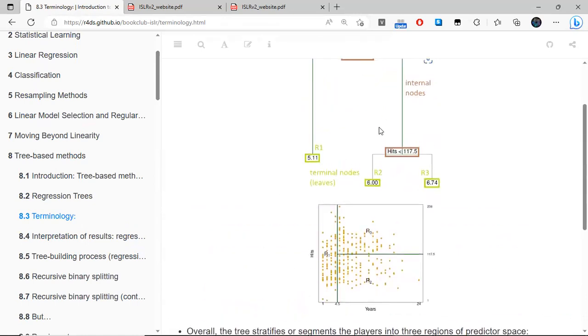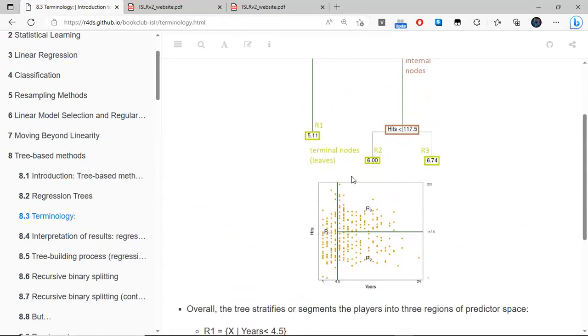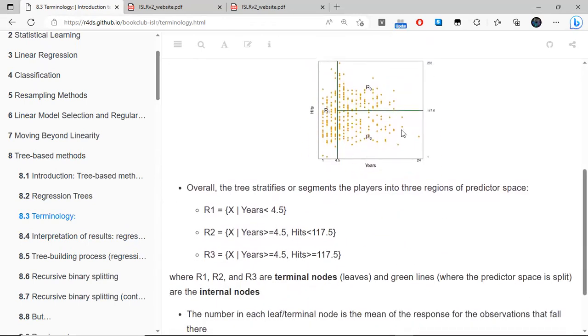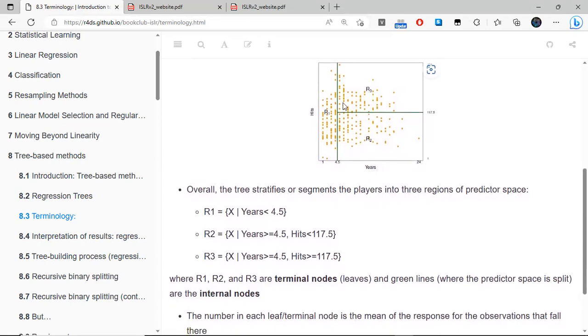So before looking at the diagram for this model, let's look at this stratification, this segmentation of the predictor space. As we can see, in this case, this rectangle has been split into a union of non-overlapping rectangles.